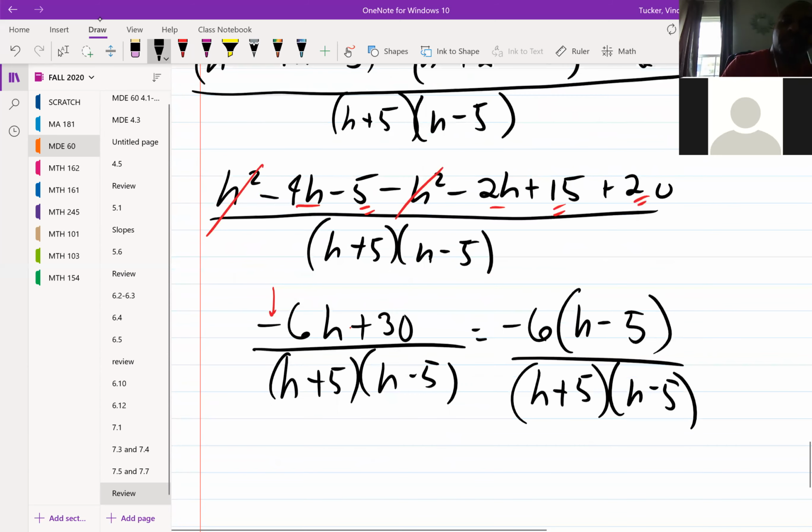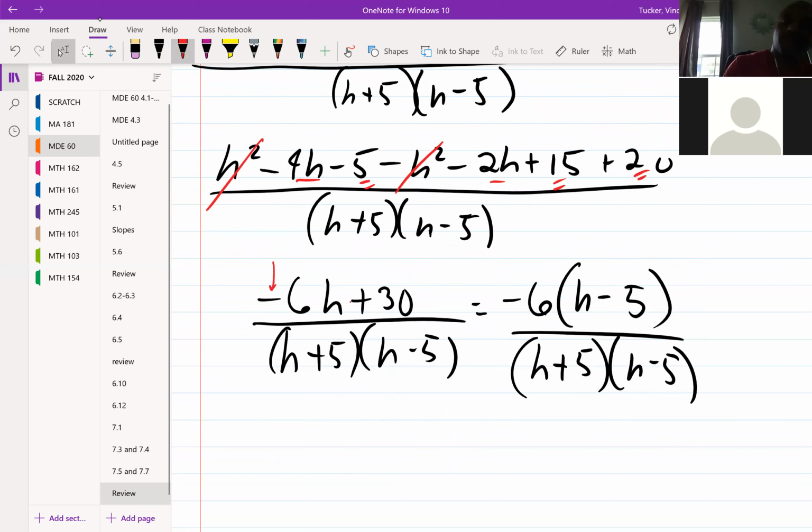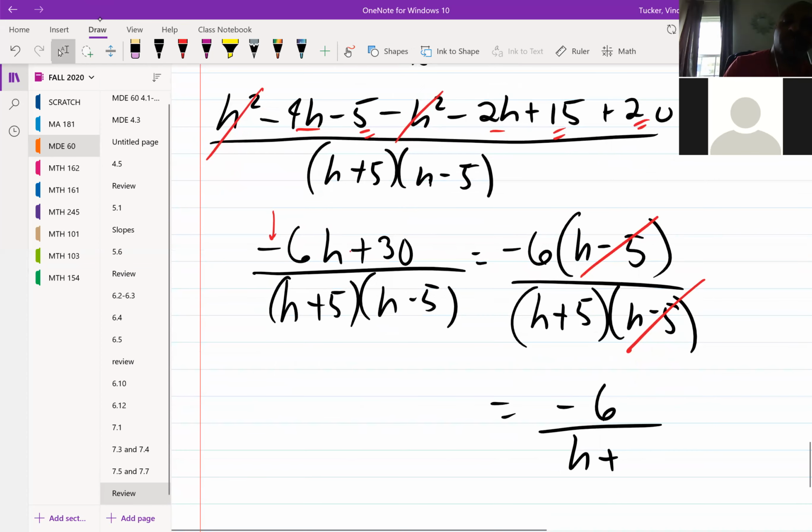And notice how that sets you up to be able to cancel out h minus 5. Leaves you with the final answer of negative 6 over h plus 5.